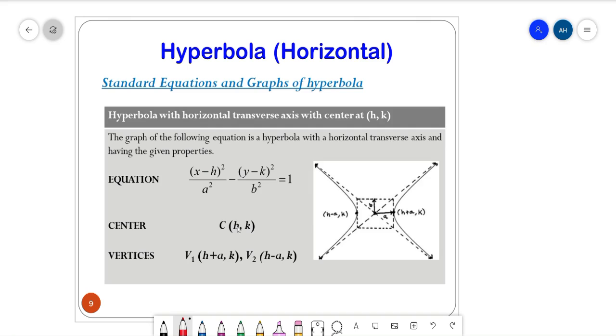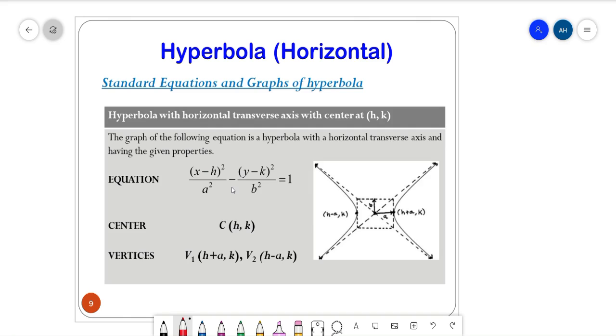In terms of the equation, the equation of the hyperbola having center at h, k will look like this: x minus h square over a square minus y minus k square over b square, still equal to 1. The right hand side always equals 1. I hope you notice that.